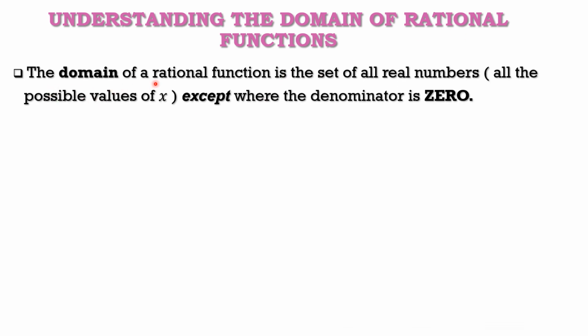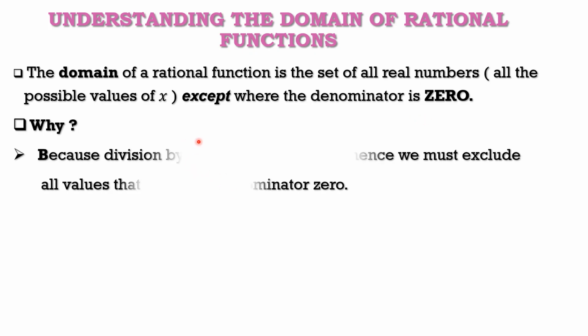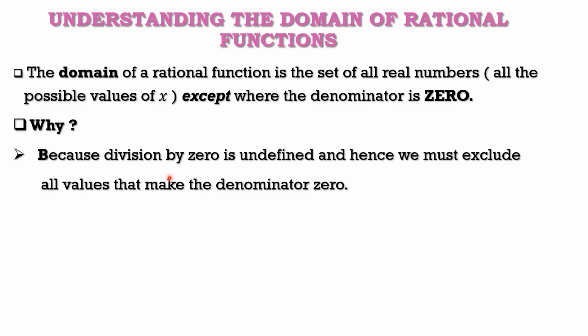The domain of a rational function is the set of all real numbers. That is, we are talking about all the possible values of x, except where the denominator is 0. Why are we saying that? Because division by 0 is undefined, and hence we must exclude all values that make the denominator 0.